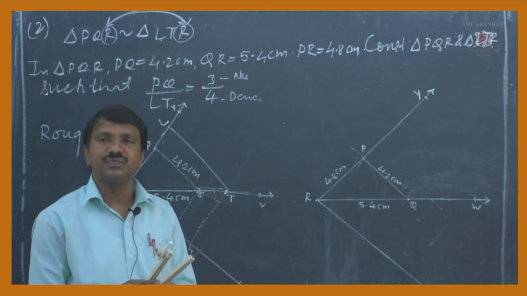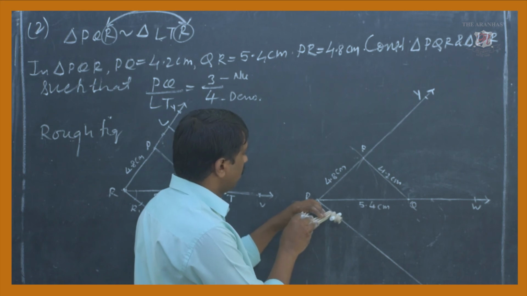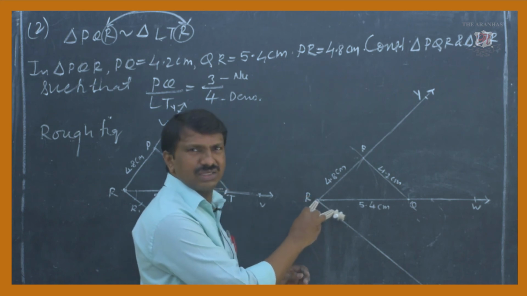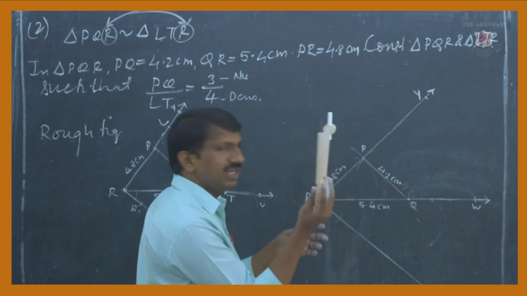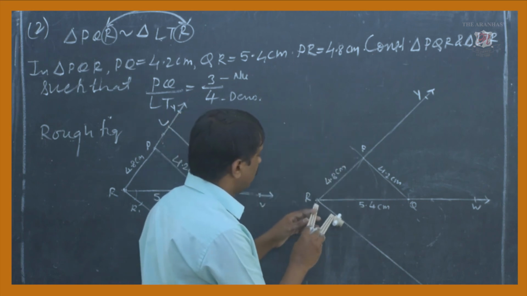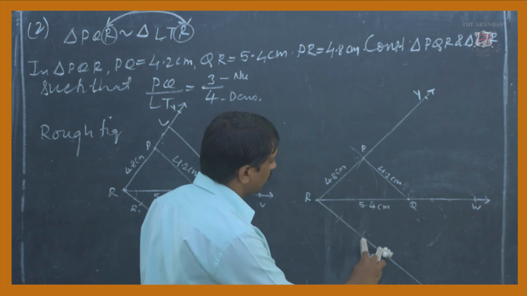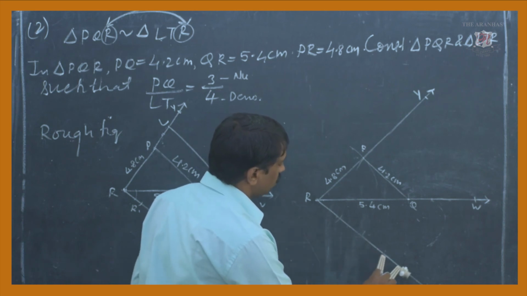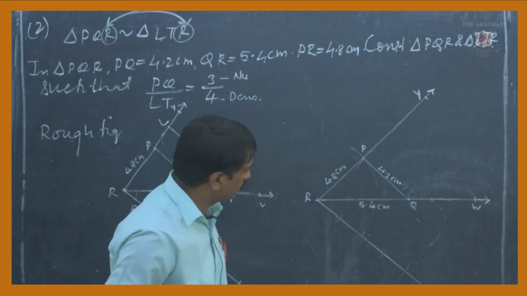For example, here some distance is taken, come to the point R. From the R you can take a sufficient distance and construct the arc. It should be suitable for your diagram, not too small and not too big. So these 4 arcs are constructed.